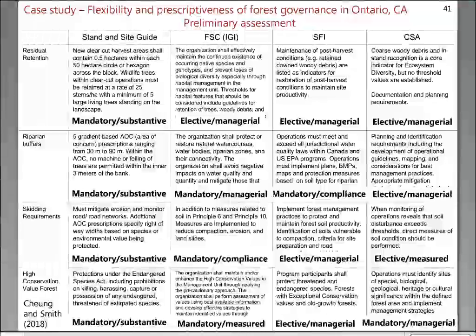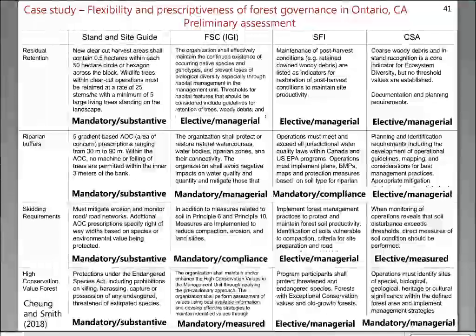Different systems in place in Canada were evaluated here: the stand and site guides, which are part of the governmental governance, FSC, and the indicators that they have put in place now, the SFI system, and the Canadian Standards Association's Forest Management Certification System as well.